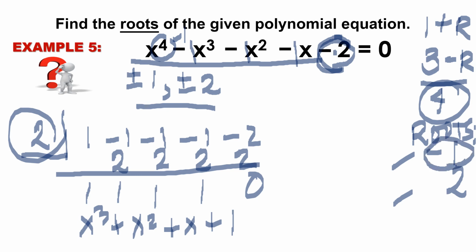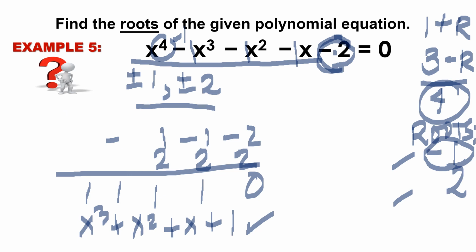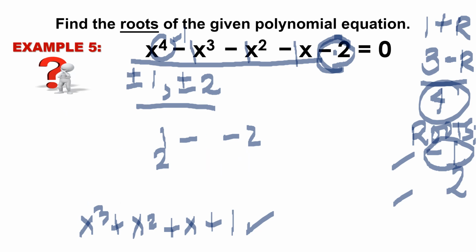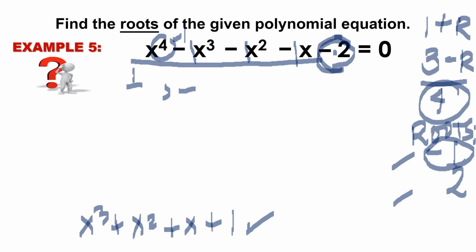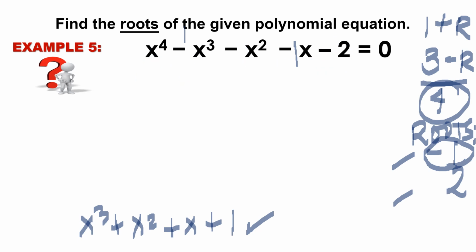Since -1 is a root, we can divide this by -1 for us to come up with another depressed equation. Anyway, we've already solved that 2 is a root. Now, we are looking for two more roots.